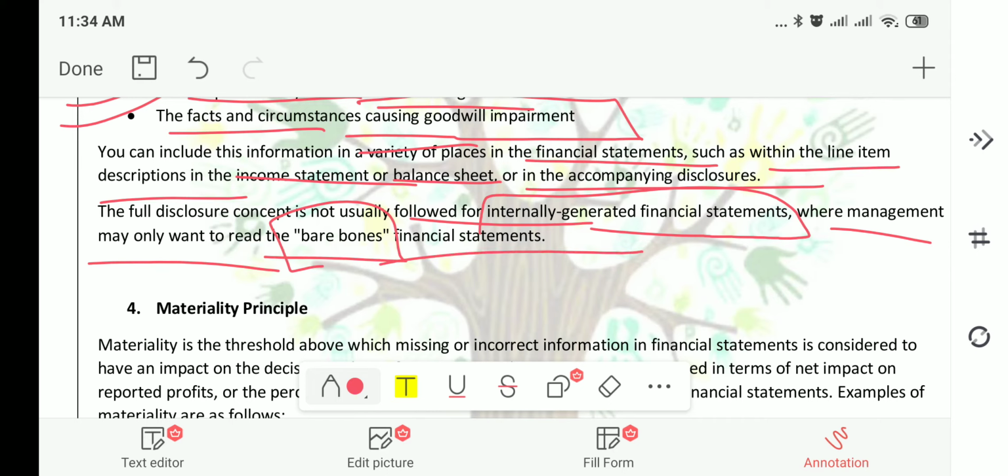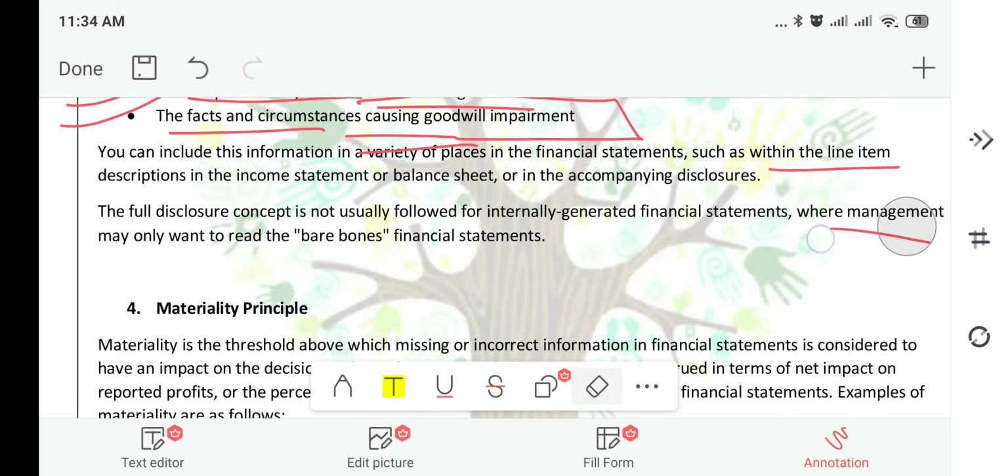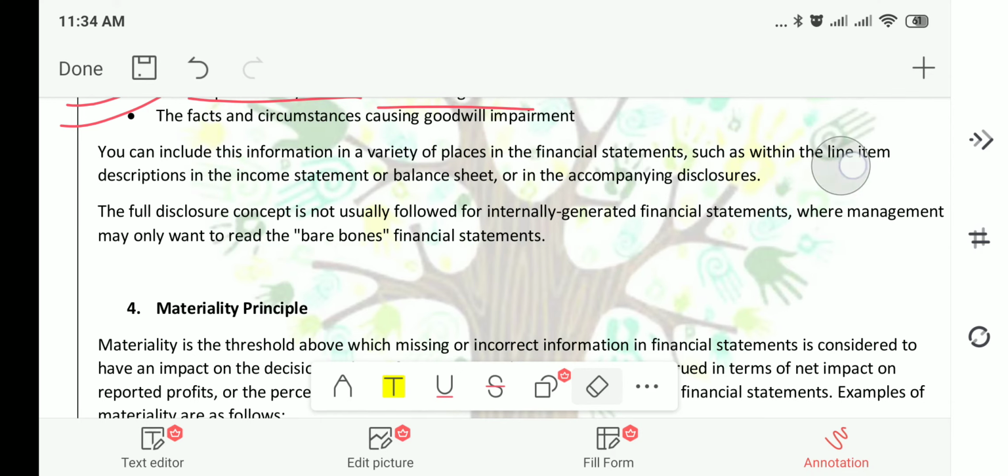That means if the management just wants to read those statements, then it will not be mentioned in accounting for internal purpose, but it will be just communicated orally, right? Hope you understood what exactly is the full disclosure principle.